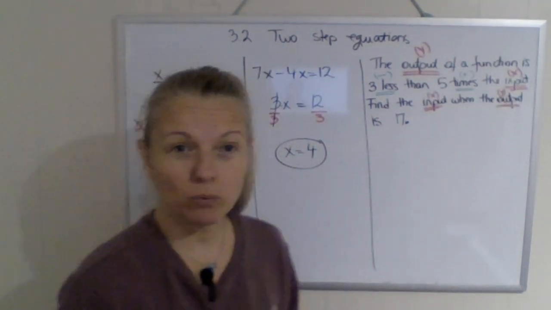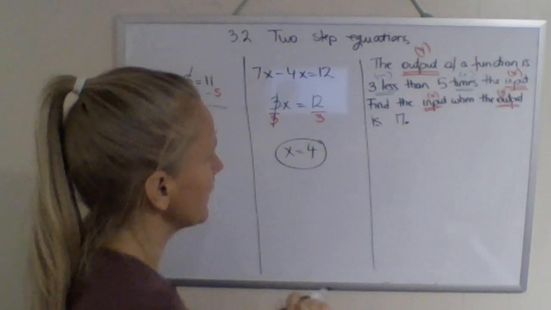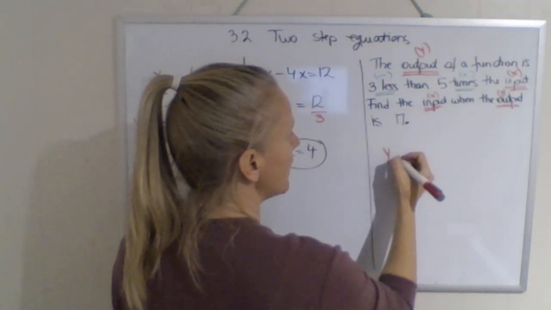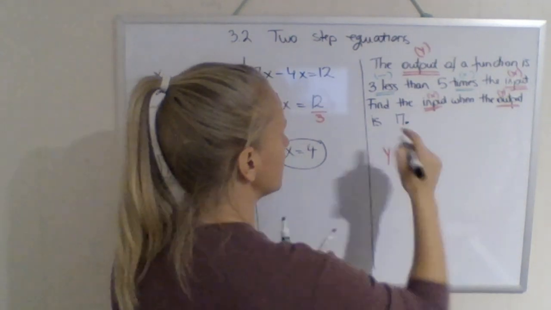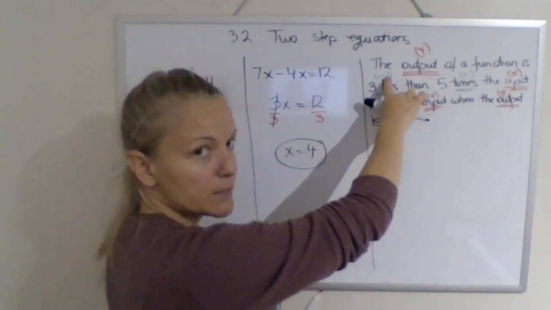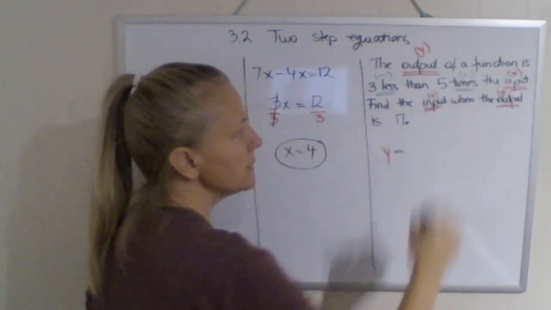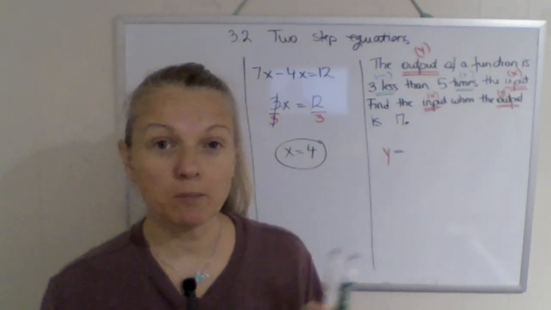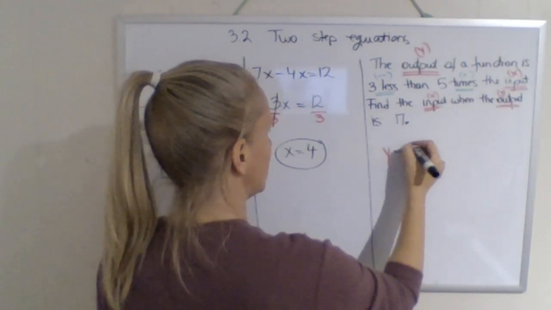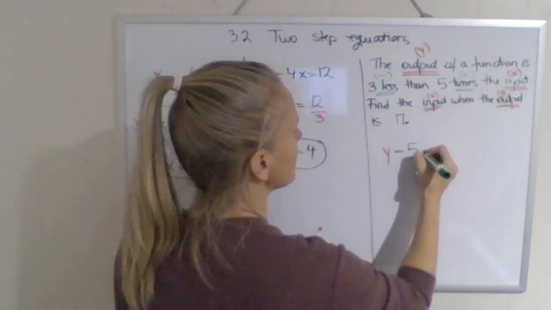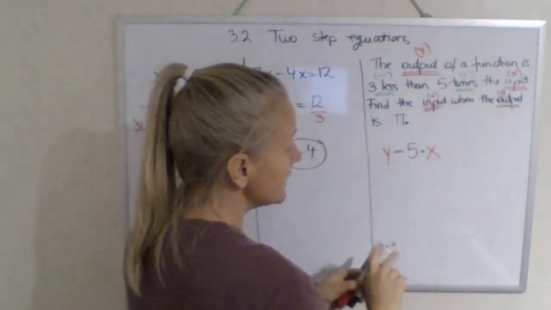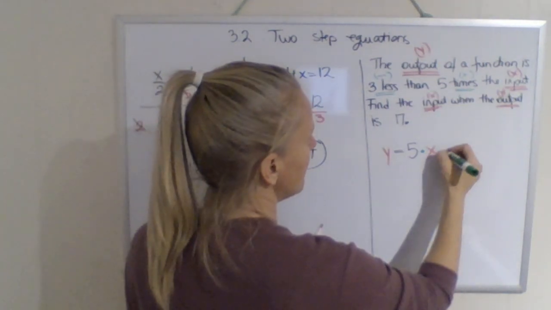So let's go ahead and write this equation the right way. It says the output y of a function is, that means equal, 3 less, we said, is subtraction, and times is multiplication. The order of operations says multiplication comes before subtraction. 5 times the input, which is x, and then it's 3 less, minus 3.